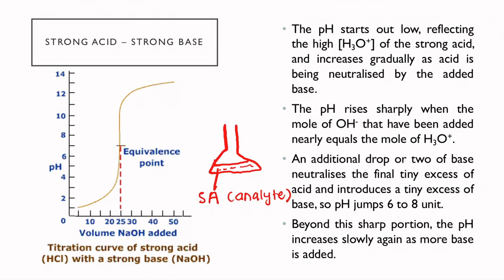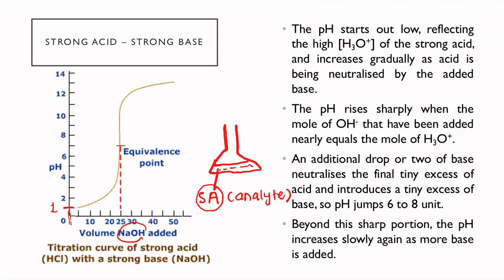Okay, so before the titration, initially, when the volume of sodium hydroxide added is 0, your pH value is pH 1. Okay, maksudnya apa tu? Kalau pH 1 maksudnya since this is a strong acid, your acid will dissociate completely, ionize completely into H3O+, into H+.